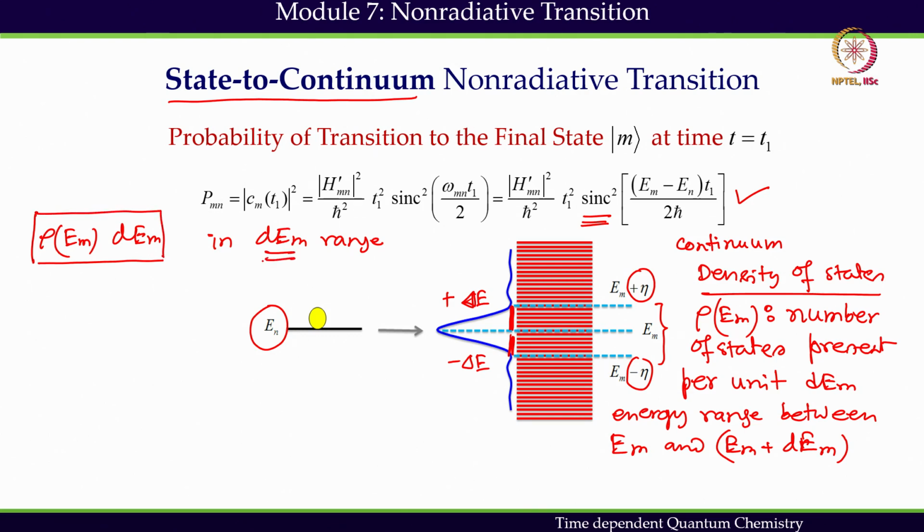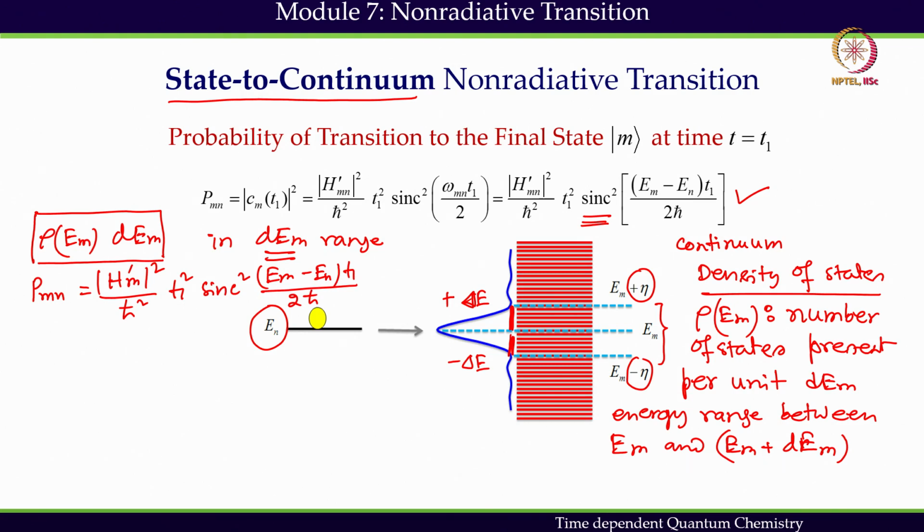And for each state, the probability of transition is given by P_mn, that we have seen: |h_mn'|² divided by ħ² T1² times the cardinal sine function square of (E_m − E_n) T1 divided by 2ħ.